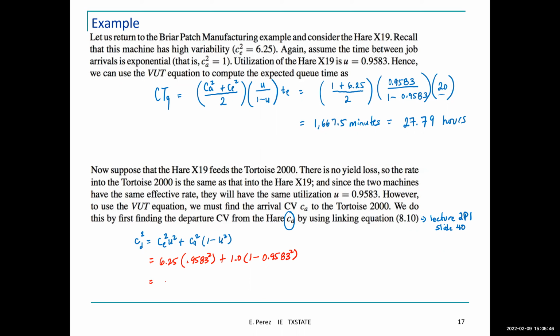And then this is going to be equal to 5.8216.